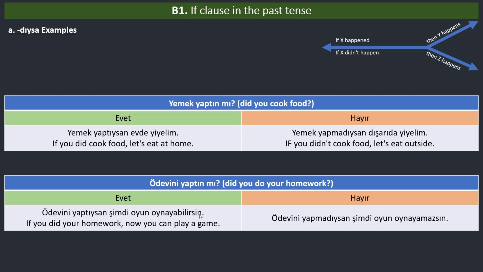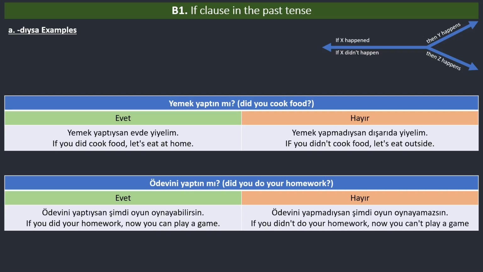Şimdi oyun oynayabilirsin. But if you didn't do your homework, şimdi oyun oynayamazsın. If you didn't do your homework, now you can't play a game. First, you need to do your homework. So, whether or not I can play a game right now depends on if I did the homework.